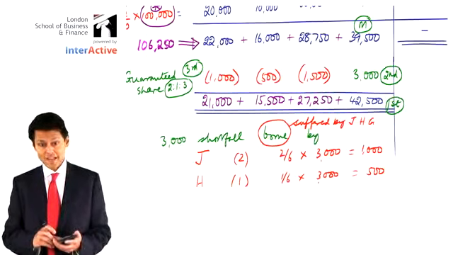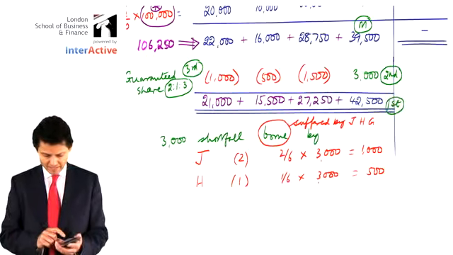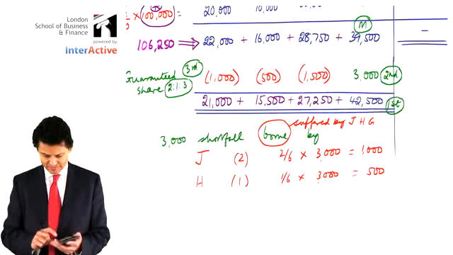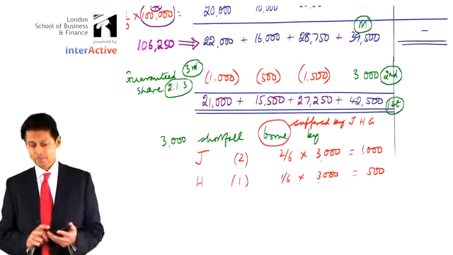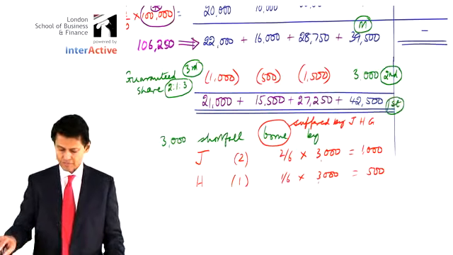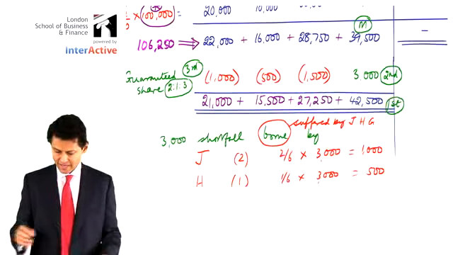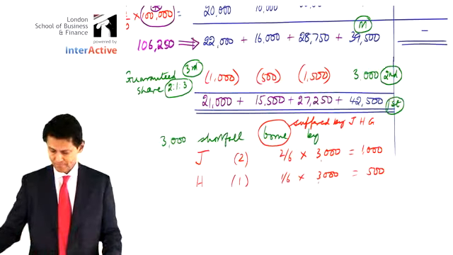Let's hope it does. Let's check. Put it through your calculator. 21,000 plus 15,500 plus 27,250 plus 42,500. Is that anywhere near? Of course it is. 106,250. So that is the final profit share.